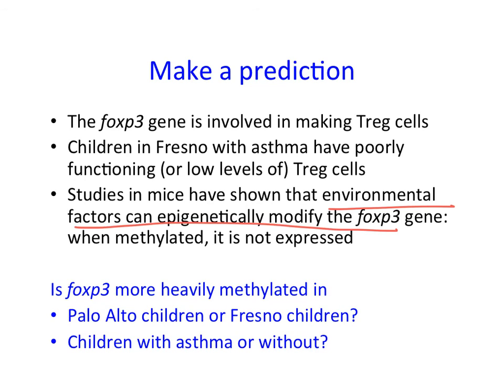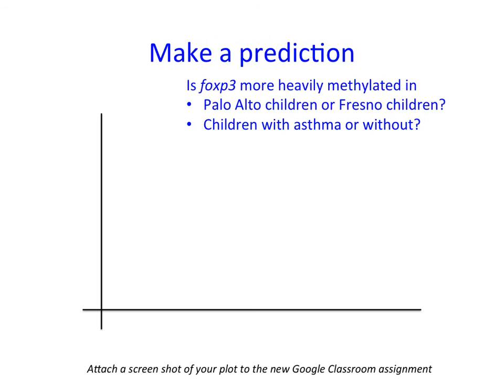So usually methylation of promoters means you turn off gene expression. So here's the prediction I'd ask you to make. Don't say it out loud yet. Is FOXP3 more heavily methylated in Palo Alto kids or Fresno kids? And would it be more heavily methylated in kids with or without asthma?